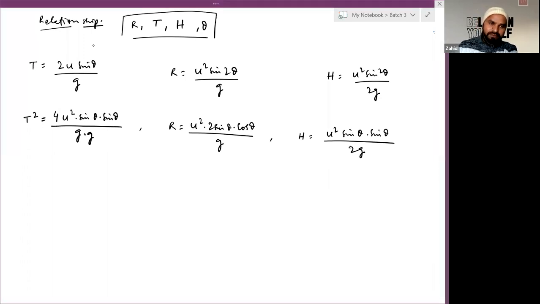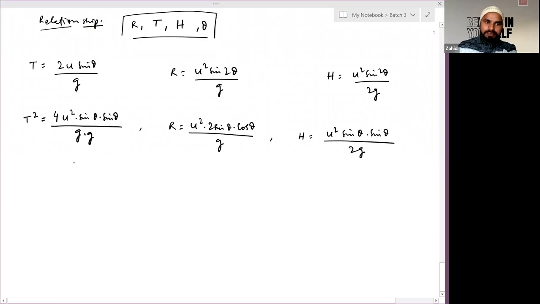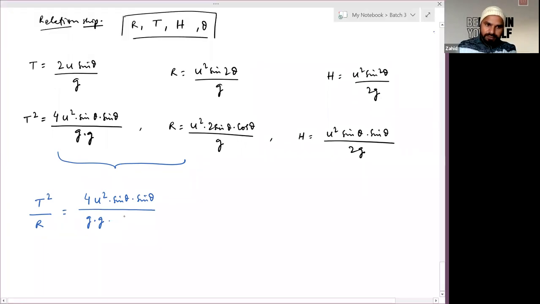Now, first for t and range. Just divide them, t square divided by range. Put the value of t square first, so it will be 4 u square sine theta into sine theta divided by gravity into gravity. For range, it is u square 2 times sine theta into cos theta divided by gravity.